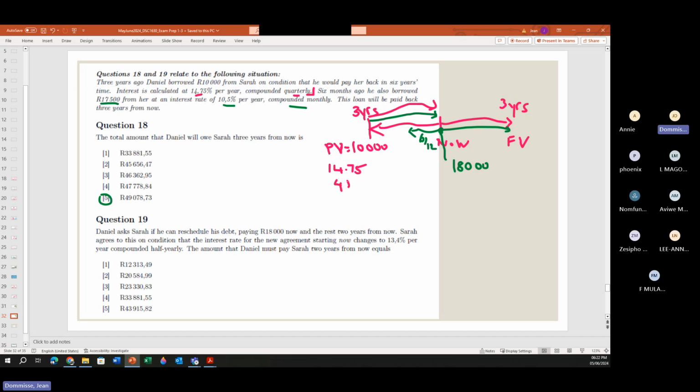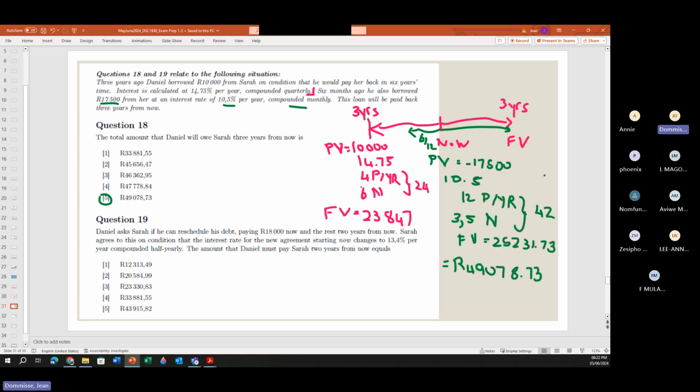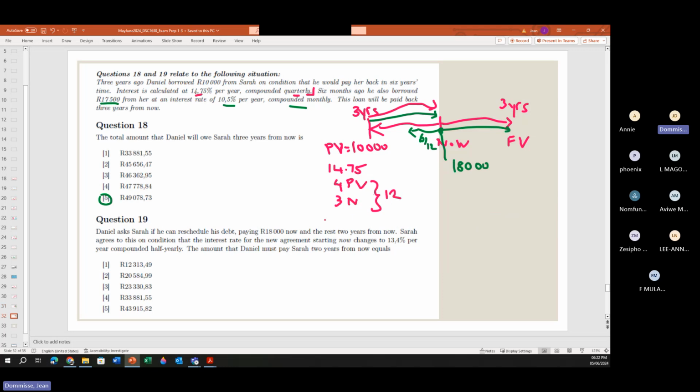The only thing that changes from what we did in question 18 is that instead of working it out for 24 months, we're working it out for 12 months. So that will be that 3 years, which is now.